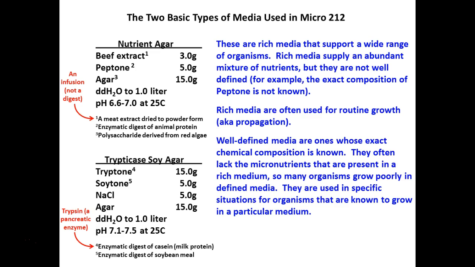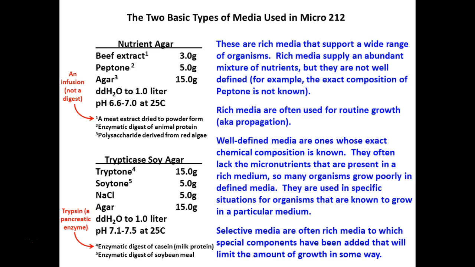Do we need to spend lots of money for really specialized media and give our bacteria a specific diet? No, we're not doing any type of experiments where we need to know exactly what they're eating. Like I said, we only ended up with one specific defined media, not this undefined complex media that we typically work with, and that's only because we're interested in the other properties that media can sometimes tell us about organisms.